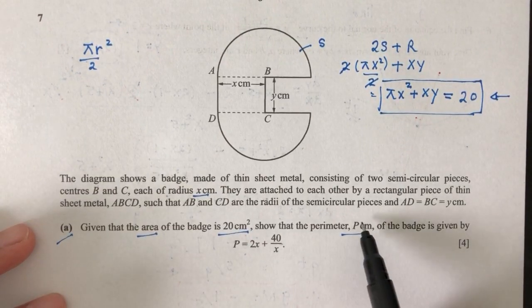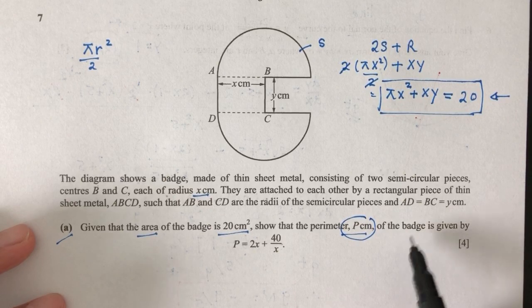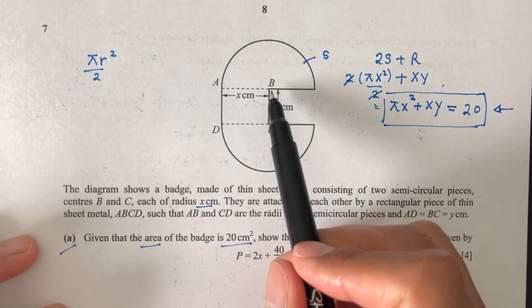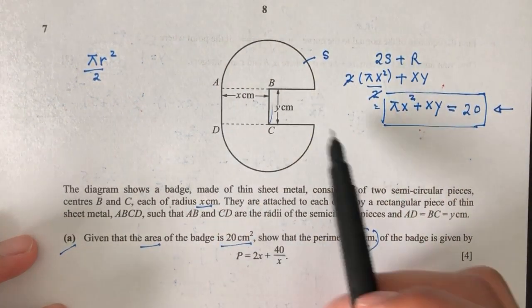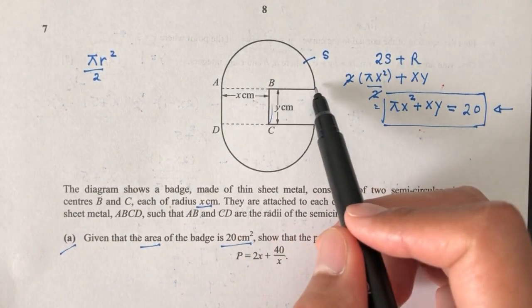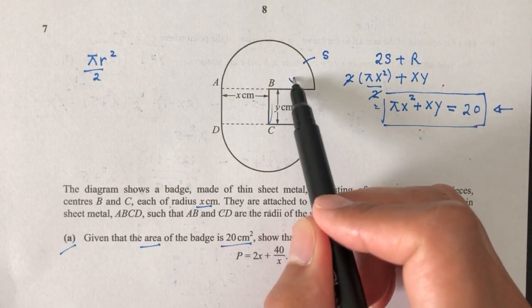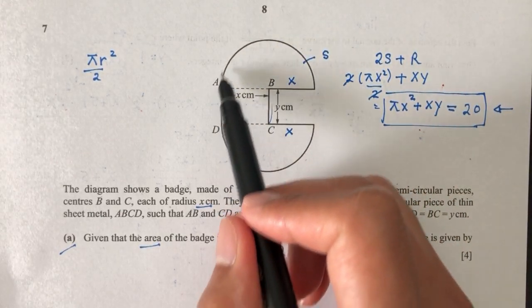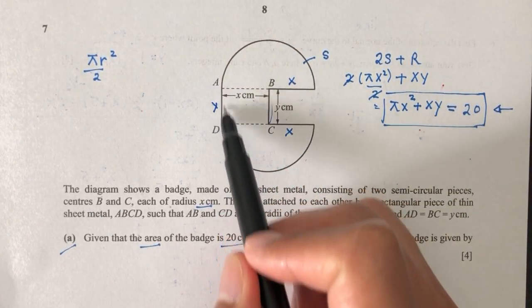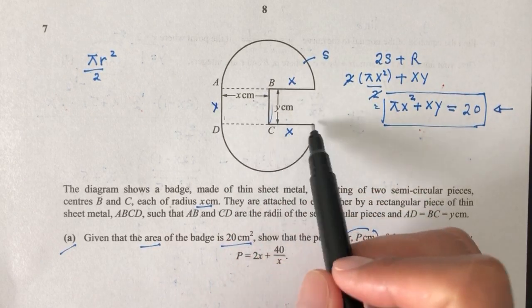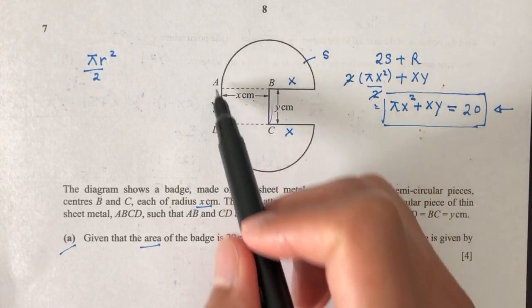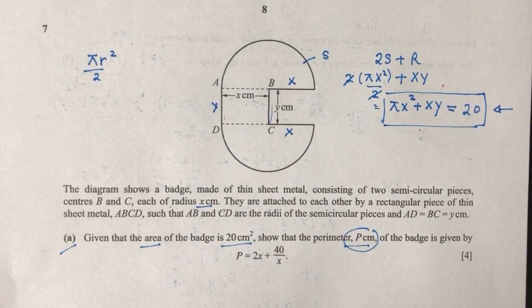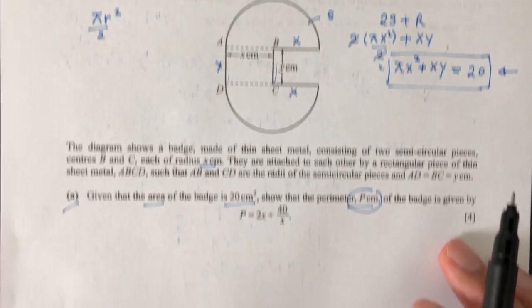So now we have to find the perimeter of the badge. So we have to find this distance around the badge. So one by one. So this is x. This is x as well. What is this distance? The arc of the circle. This is y here. So y, y, x, x, and this one and this one. So let's find the arc of the circle.